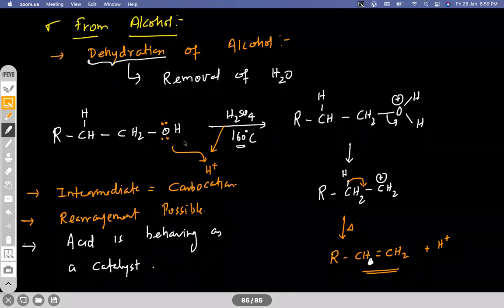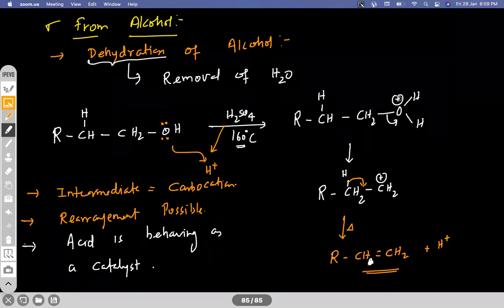H plus automatically attracts towards the electron cloud of the oxygen atom, and it gets trapped on the oxygen atom and forms this. Once it forms, this positive charge is not stable. Then this takes the electron pair from the carbon atom and goes out. So it takes the electrons of carbon as well. That's why carbon gets positive charge on it, and that is how the carbocation forms in this reaction. Understood?